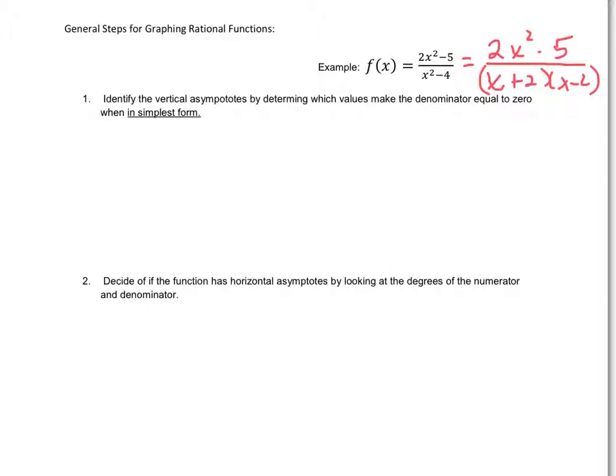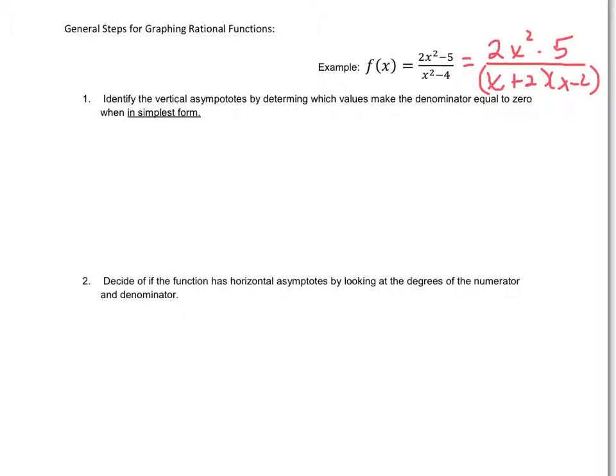Okay, so step one is to identify the vertical asymptotes. We're going to be able to tell a lot about this graph just by looking at the asymptotes and seeing what we have there. So the vertical ones are always determined by what makes this rational function undefined. I talked about in earlier slides that a fraction is always undefined when the denominator equals 0.